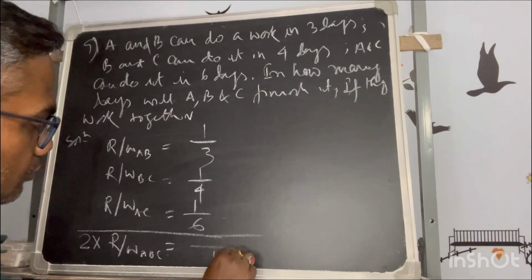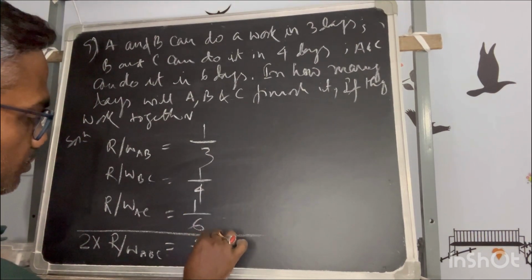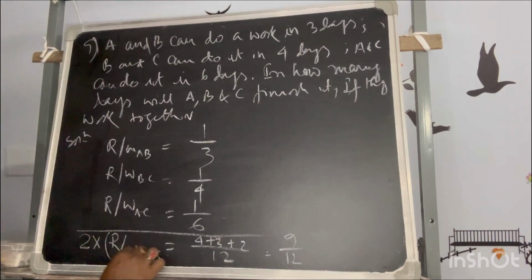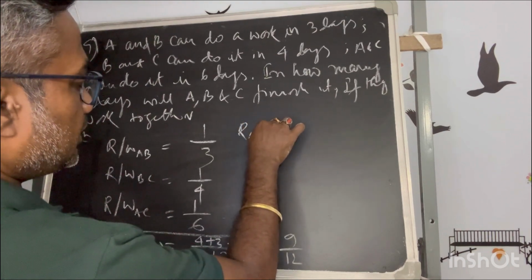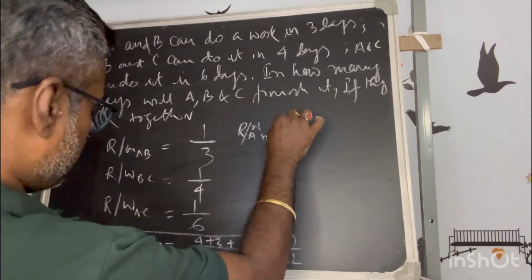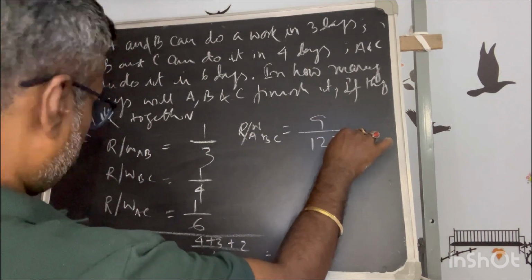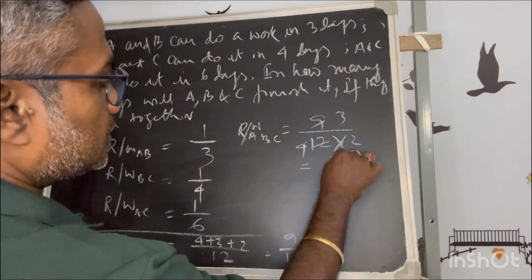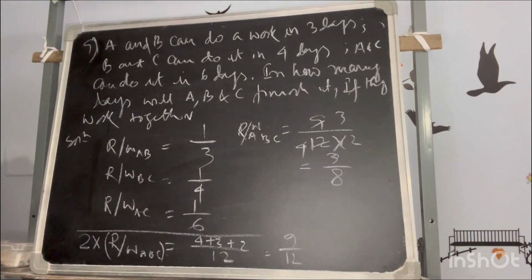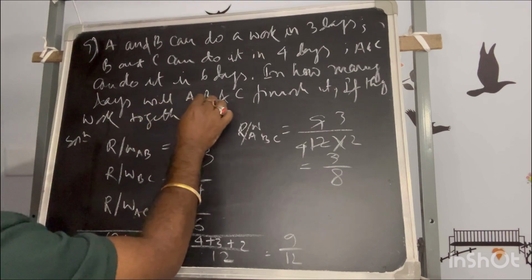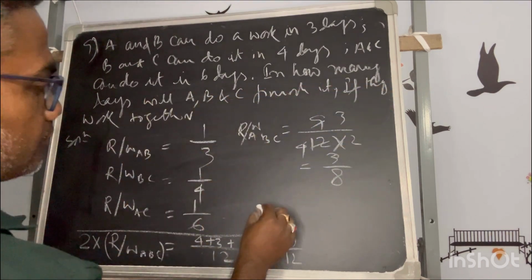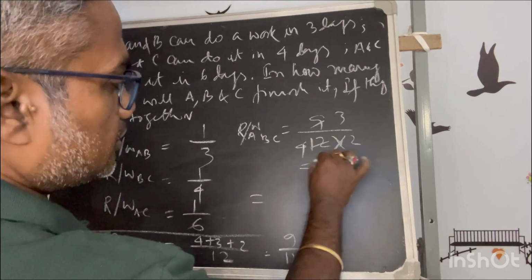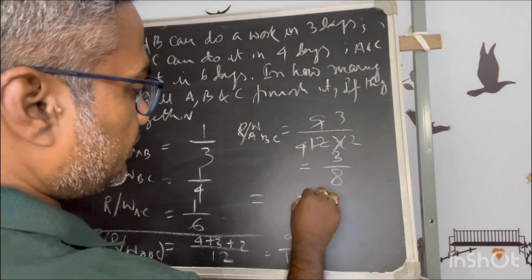And mathematically, on the right hand side we'll club all this. So this will be 12 as LCM: 3 plus 4 plus 2, how much? 9. So 9/12. So what is the rate of work of ABC? The rate of work of ABC together is 9/12, and 2 will go down there. So 3 3s are 3, 3 4s are 12... so it is 3/8. So in how many days will ABC finish it if they work together? What is your answer? This is 3/8. Now there is no 1 on the top, so how will I solve it now?